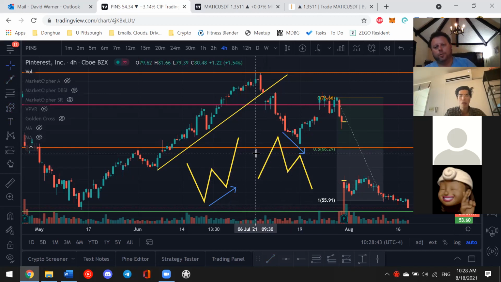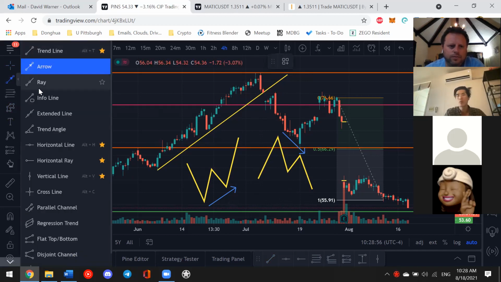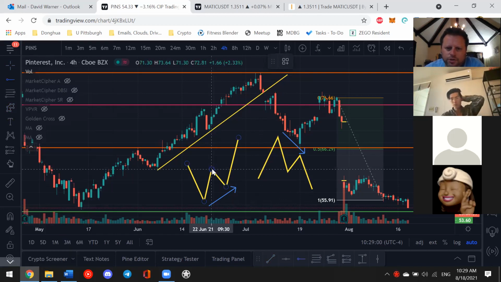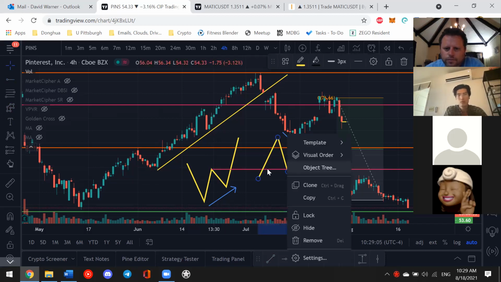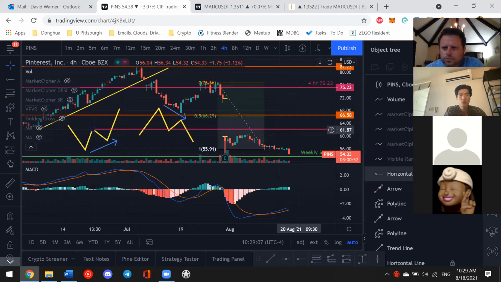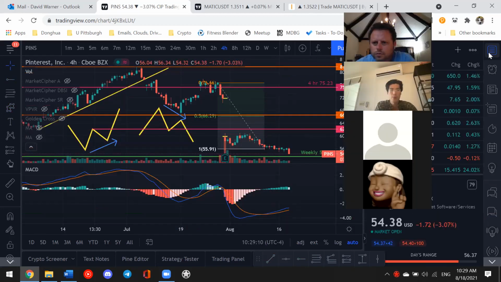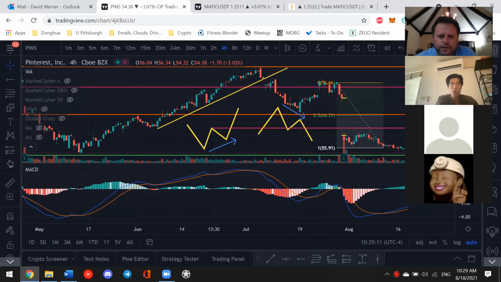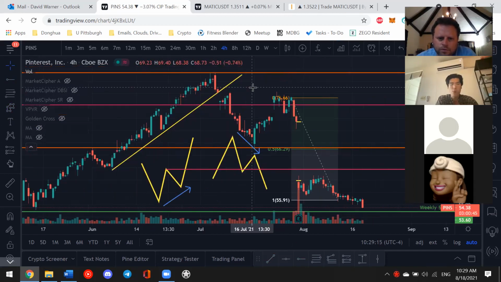Those are M's and W's, and that's the next thing we need to look for. Except it's not enough to just find an M or a W. You have to have it confirm. And confirm means that at the middle point, like here, the middle point, the price will cross this line.